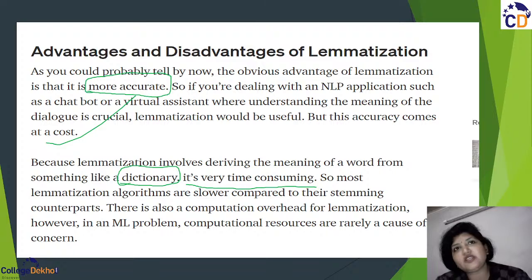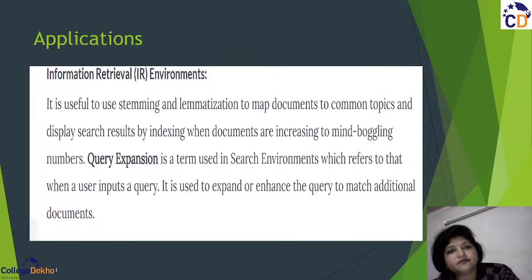So sometimes we need such an algorithm which is going to take time, because whenever a process is lengthy, there should be logic behind it. If it is logical, the word is searched from the dictionary and then it fetches the derived word, so it makes sense and gives you accurate output rather than just removing the suffixes like the stemmers do, right?